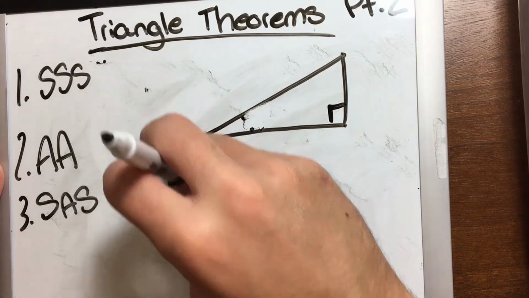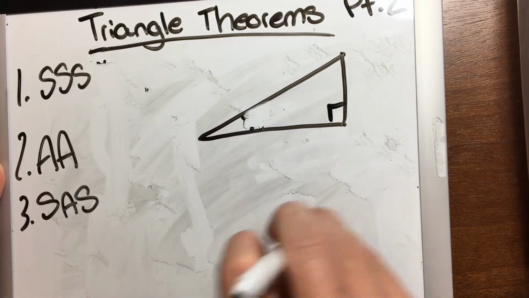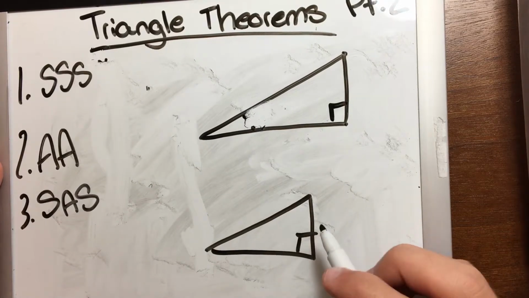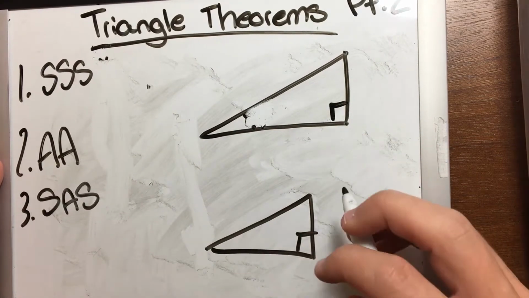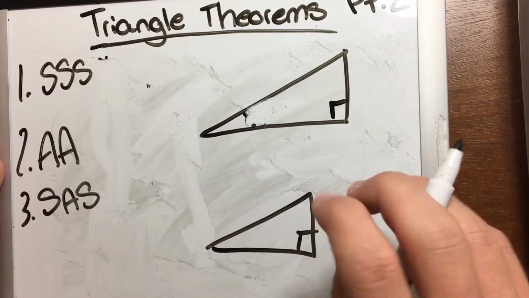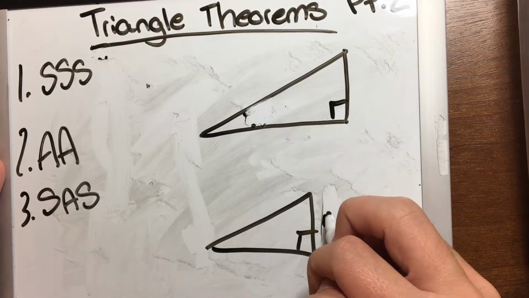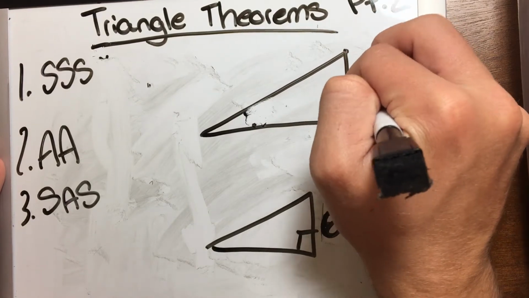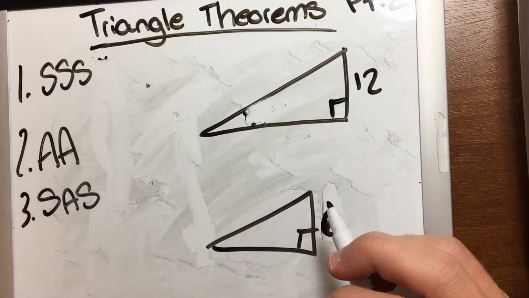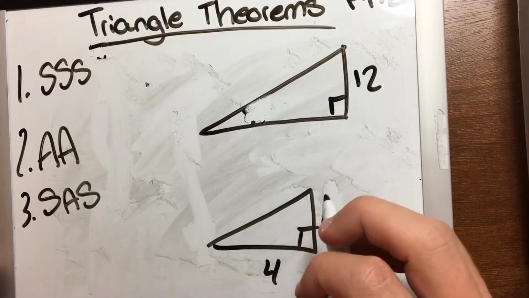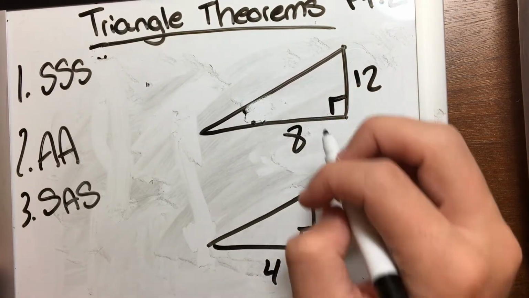Let me think of a good one. They'll give you this, and then they'll give you 6, 12, and then they will give you 4, and 8.